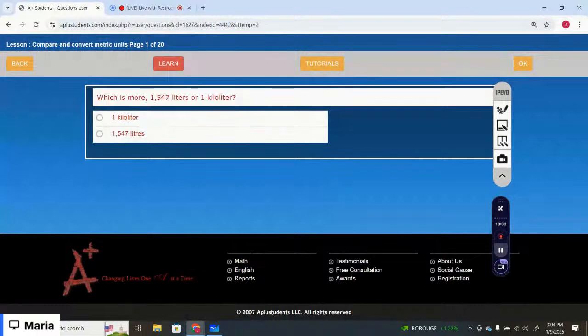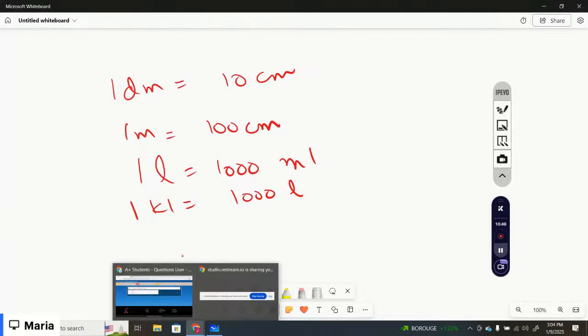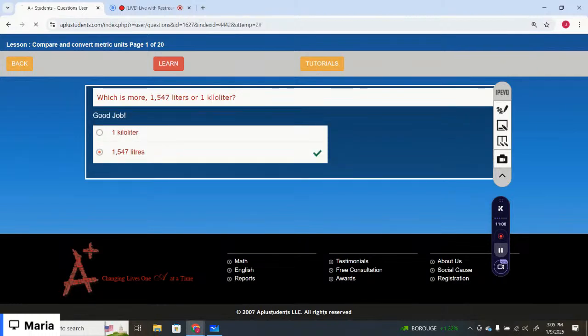Which is more, 1547 liters or 1 kiloliter? In 1 kiloliter, you have 1000 liters. 1 kiloliter equals 1000 liters, right? So 1547 liters is more because 1 kiloliter is equal to 1000 liters. 1547 is more than 1000. So option number 2 is the correct option.